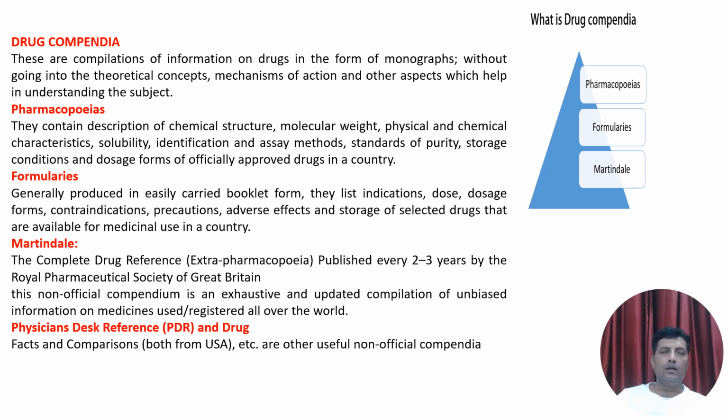Formularies. They are typically generated in the form of a portable booklet that details the indication, dosage form, contraindications, precautions, side effects, and storage of particular pharmaceuticals that are available for medical use in a given nation. Drugs are divided into therapeutic classes. There are several logical fixed dose medication combinations included.